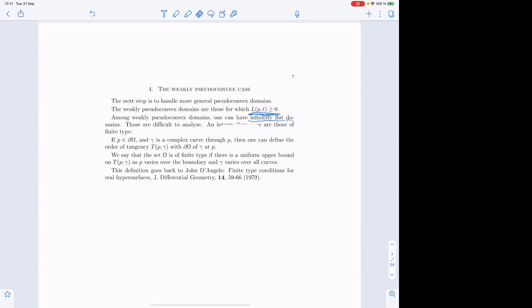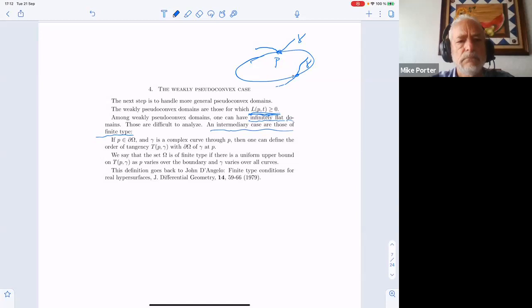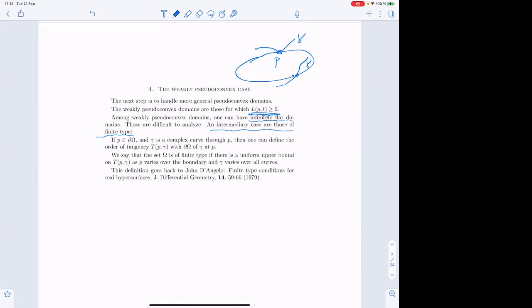And there's an intermediary case, those of finite type. So let me recall that. If you have p in the boundary of omega, then you can have some kind of complex curve gamma. Well, it could be that it goes inside. And you can define the order of tangency of gamma with the boundary at p.